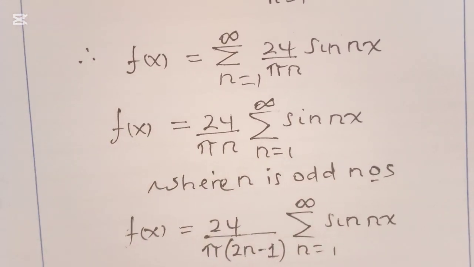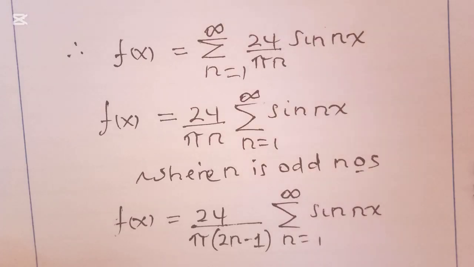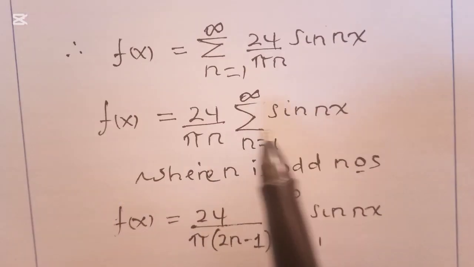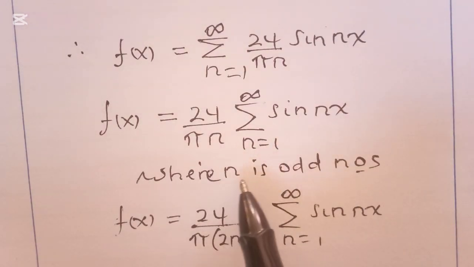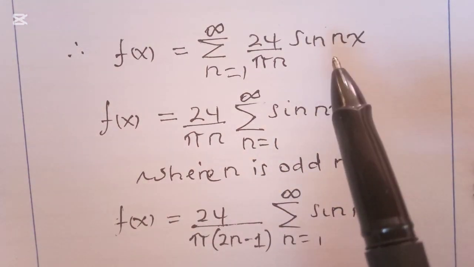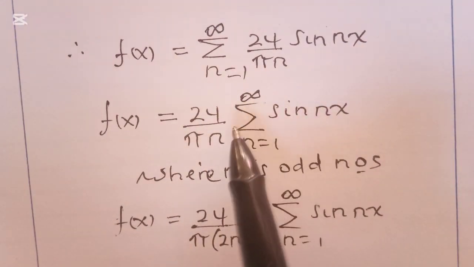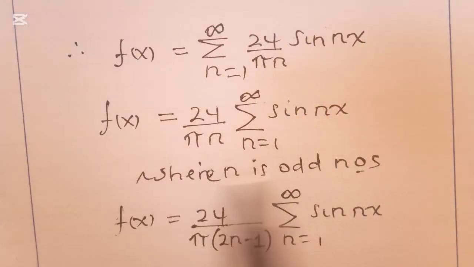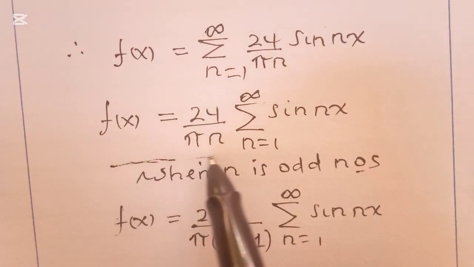After it is factored out, what we shall have now, guys, is to form our series. When forming our series, guys, we take note that n is supposed to be odd, where n is odd numbers, as we have found out. So now, when we come here, this becomes our series. This is our series for that.